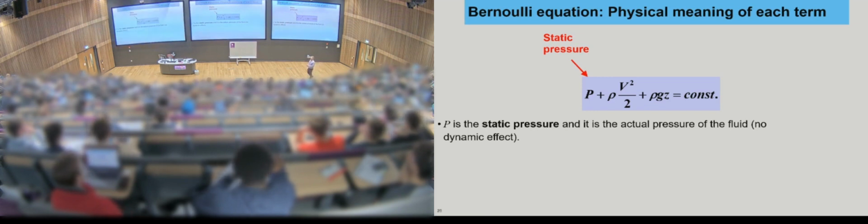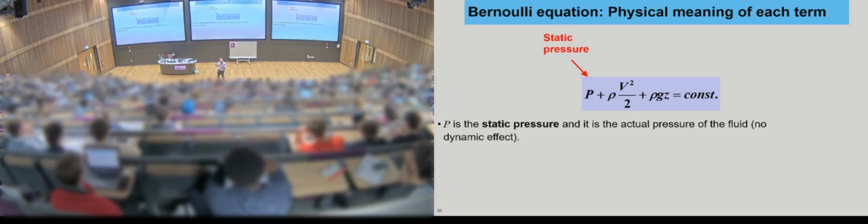You say, oh, it's pressure. But I'm going to say to you, what type of pressure? This is called the static pressure, and that means it's the pressure that the fluid has just by existing. It's not moving, it's not dropping from a great height. It's the pressure that the fluid has just by existing at that state.